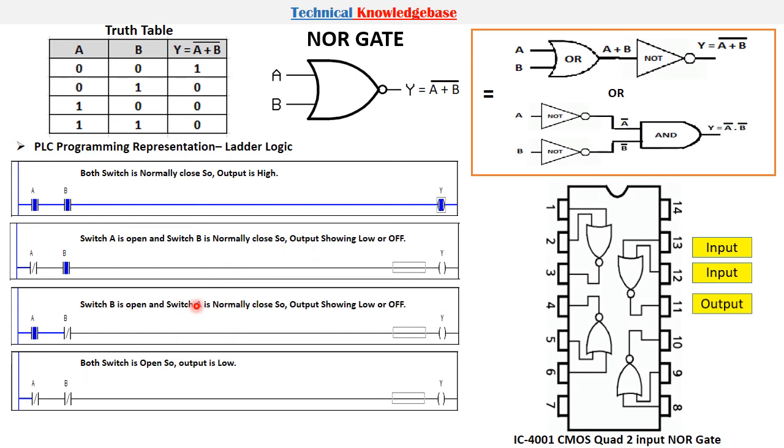So this is the NOR gate representation. We have represented this ladder logic using NOT and AND, NOT of both inputs and an AND gate. So we can represent this NOR gate.